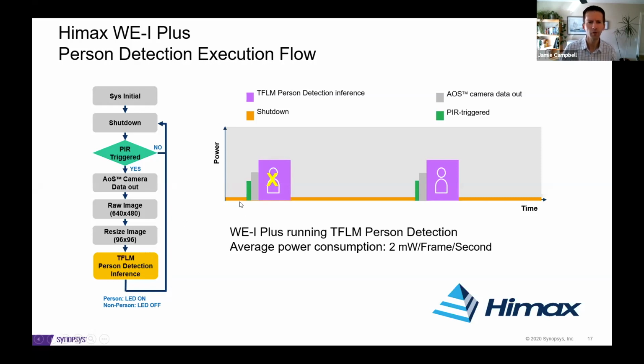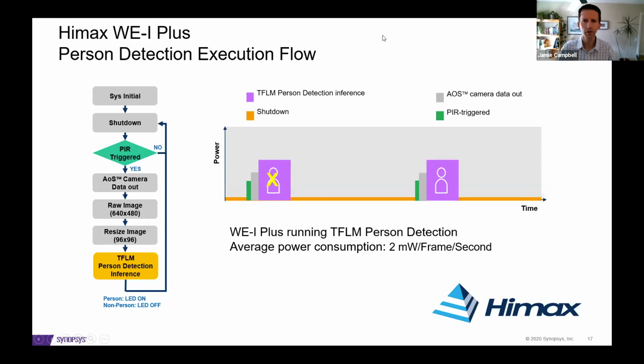So you can see the timeline here where we're sleeping most of the time, and we wake up and consume more power while we do the inference and go back to sleep. They've measured power on this target. Average power consumption, if we consider about 1 frame per second, is about 2 milliwatts.